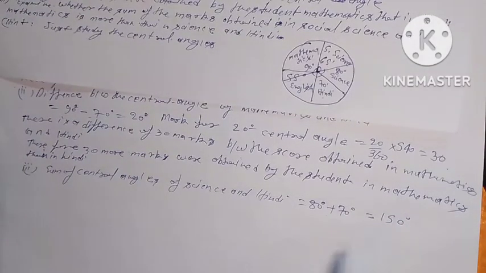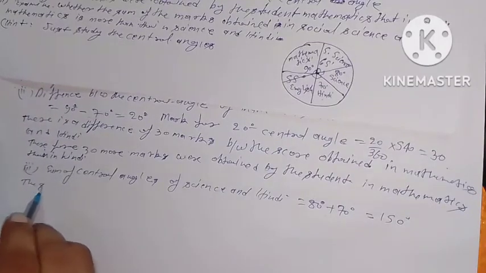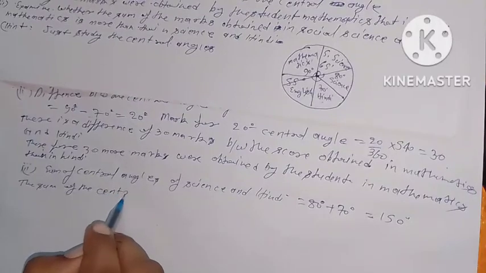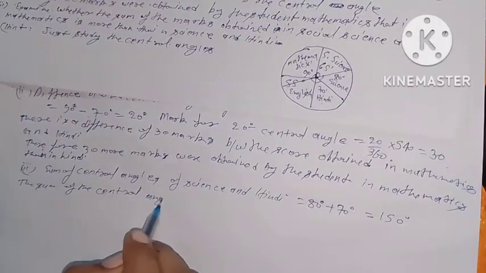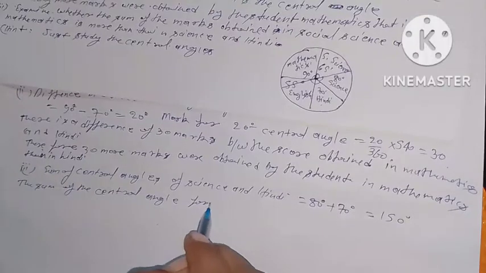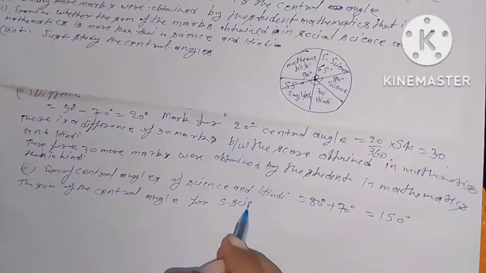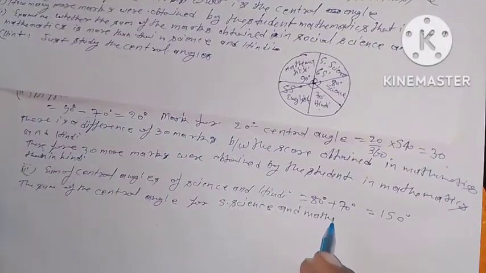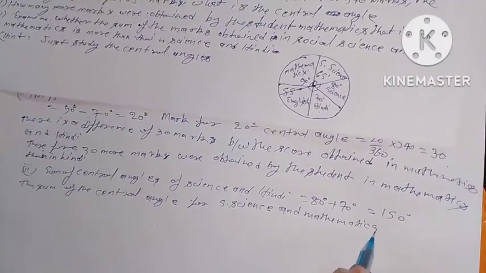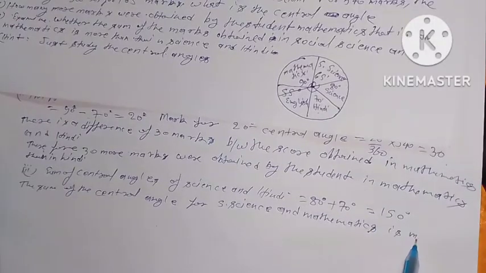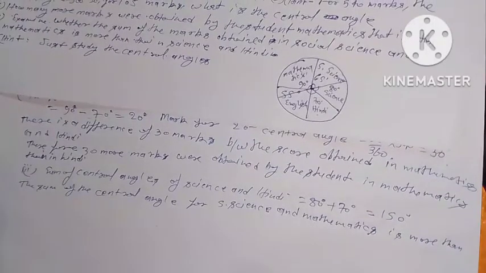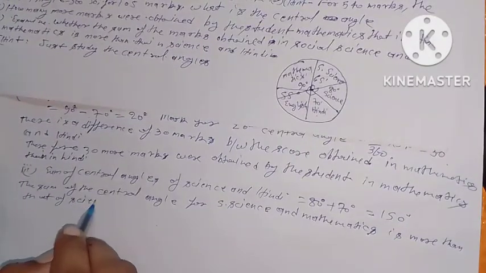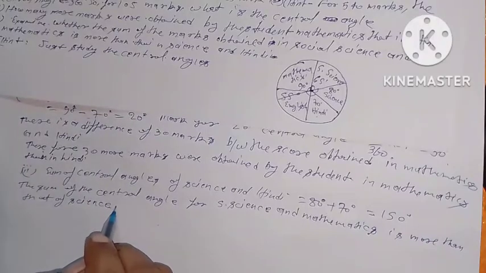Okay. Then the sum of the central angle for social science and mathematics is more than that of science and Hindi.